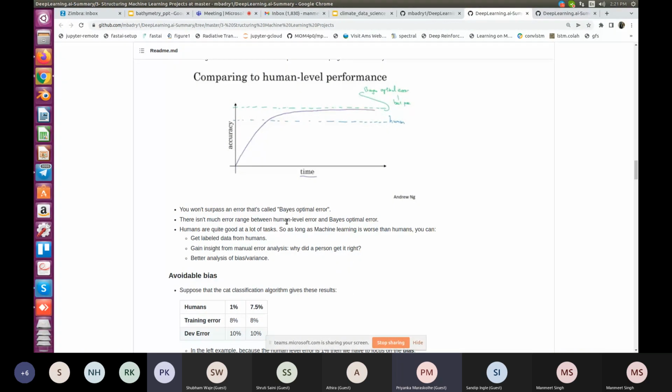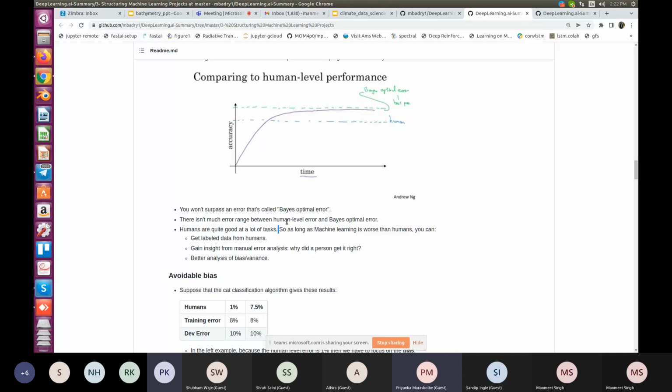As long as machine learning is worse than humans, he says that you can get the data labeled from humans. By humans, what we can consider is the domain level experts. So for example, you are applying a machine learning algorithm to a problem in atmospheric chemistry.